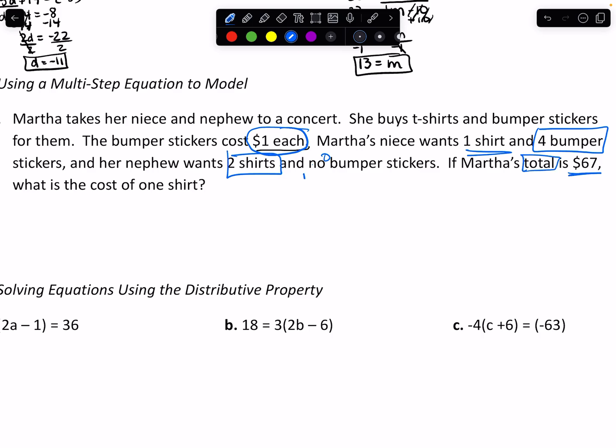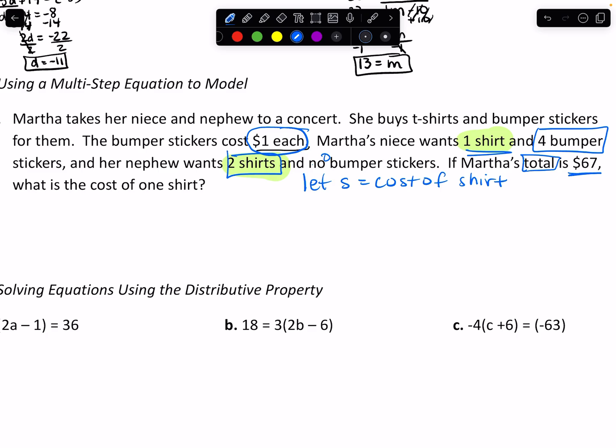So first we're going to say let S equal cost of shirt. We have to do that so that we know what we're representing, and it helps us to figure out how to create the situation. Because if I start looking at this, I see there's 1 shirt, we do not know how much it costs, and here's 2 shirts, we don't know how much it costs.